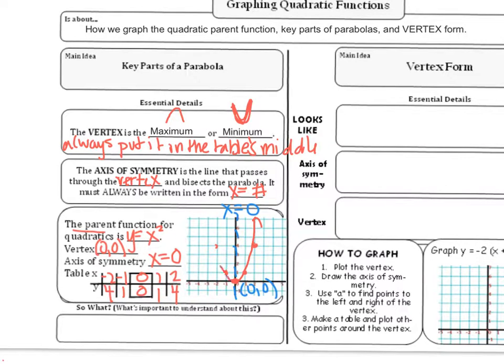There's one side and there's the other side. Not super easy to draw on this pen, but I do my absolute best. What is very important for this, that you want to make sure you do, is you always need to find the middle first.